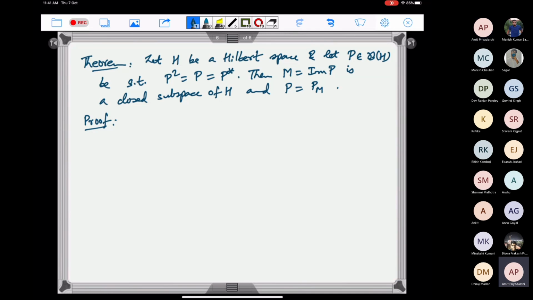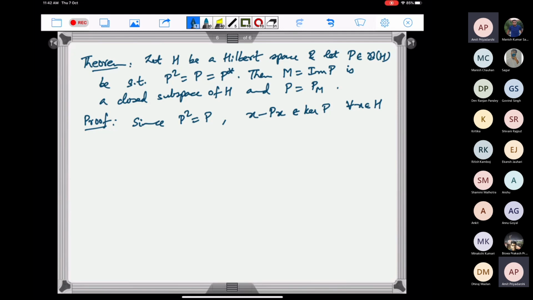So this thing characterizes the orthogonal projections on Hilbert space. So since we have P square equal to P, X minus PX, if we look at, this belongs to kernel of P for every X in H, right?